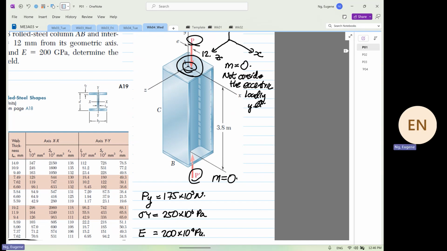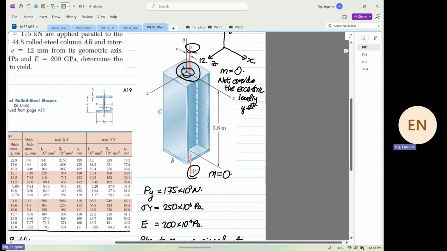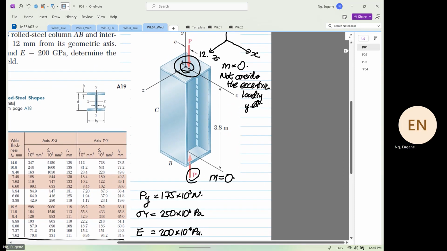It is not sure that it's fixed on one end. Wait, yes or no? Can you see this diagram down here?